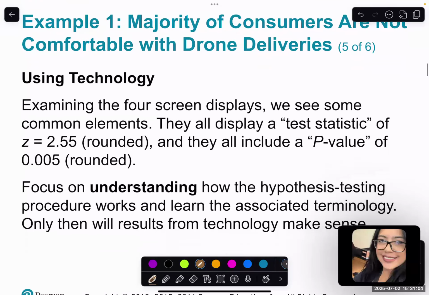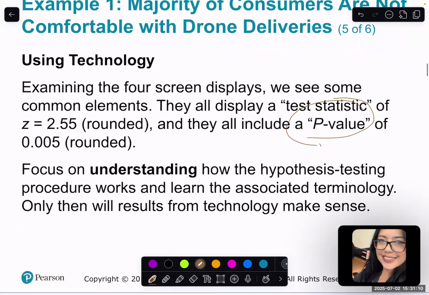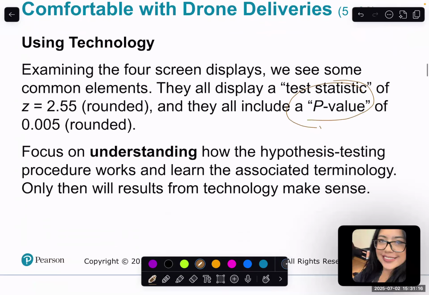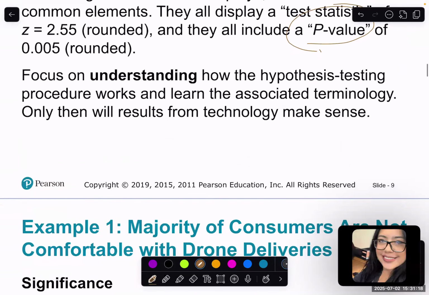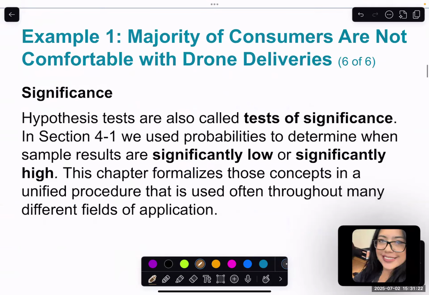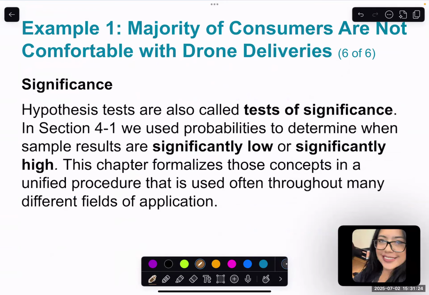When we're using technology, we're going to look at something called the P value. And that P value will help us focus on understanding how the hypothesis testing procedure works and learn associated terminology, only when the results from technology make sense. So sometimes it doesn't. So what we're going to do, we're going to look at hypothesis tests or tests of significance.